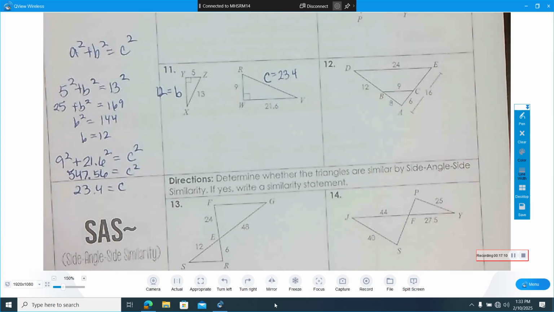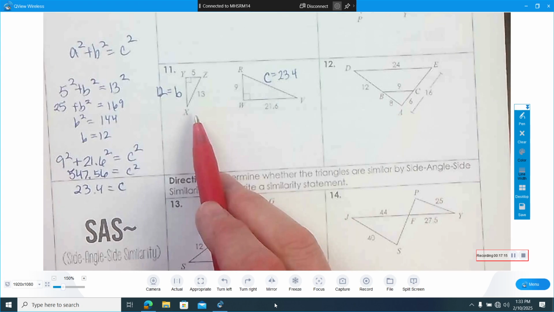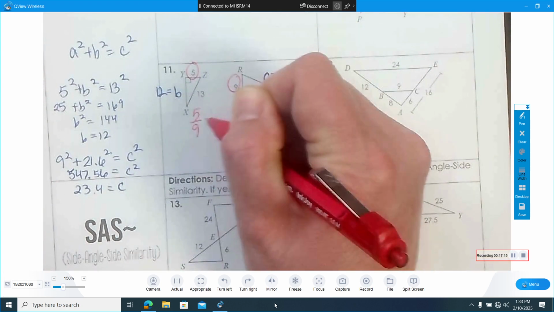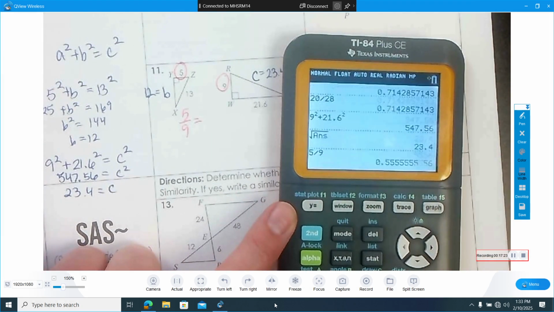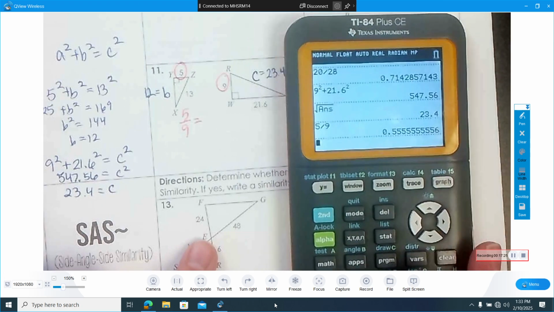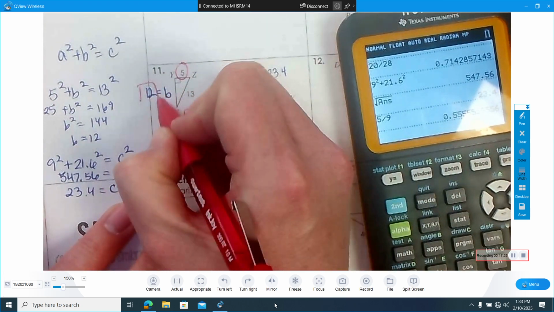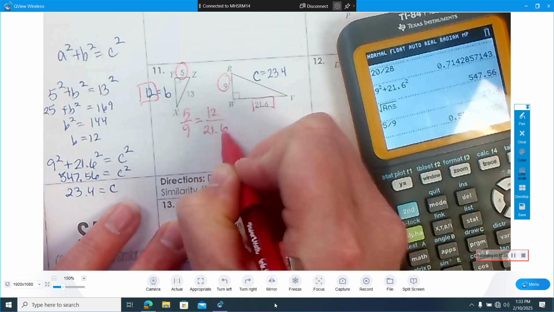I can check my proportions. Which side should I compare? 5 over 9. Let's see, 5 over 9 is 0.5555. What else can I compare? 12 over 21.6, good.